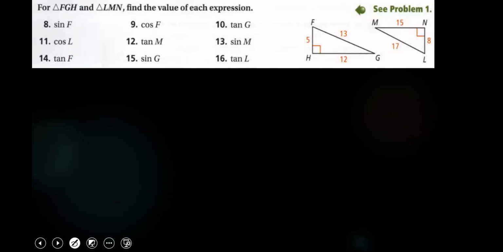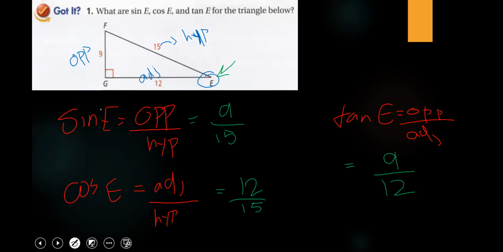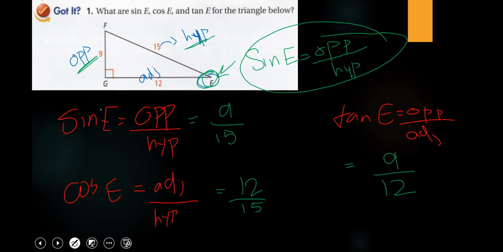Number 8 here is sin F. So they mean the sine of any angle F. Yes, it means sine of angle F. If I say sine E, I have to look at angle E and find where the opposite is, where the hypotenuse is, and say sine is opposite over hypotenuse, and we write it like this, and we solve it.